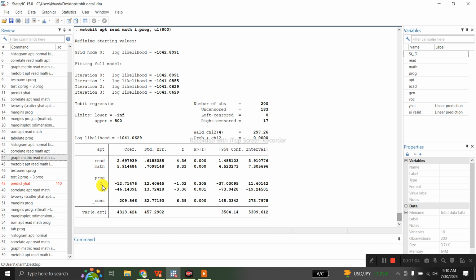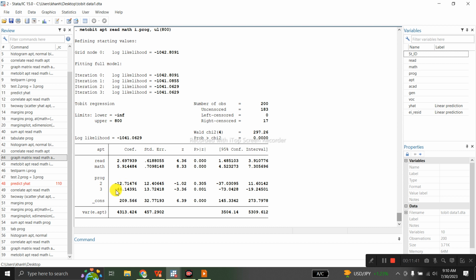And here is the program. These are the two dummies. Academic program has been taken as a base category. 2 represents general education and 3 represents vocational education. Now this is minus 12.71, so it means that the aptitude score of those students who are in general program have 12.7 point less score in the aptitude as compared to the score of students in the academic program.